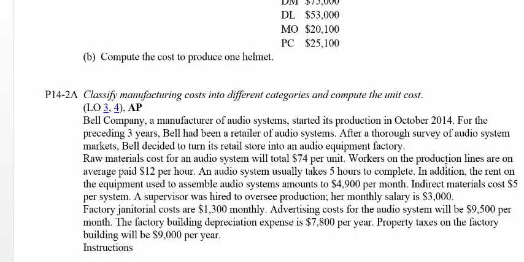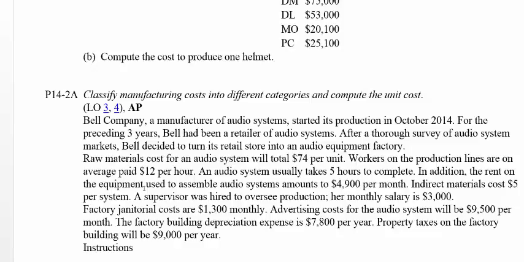Next, we see, in addition, the rent on the equipment used to assemble the audio systems amounts to $4,900 per month. All right, so this is going to be a manufacturing overhead item because it's rent on equipment used in the manufacturing process. It is not the office, it is the factory.